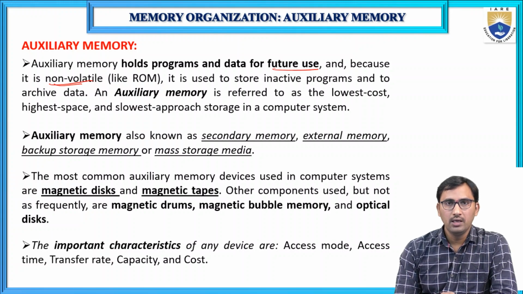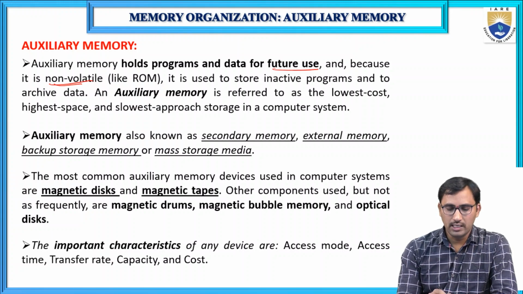Non-volatile means even if the power fails, the data stored in the auxiliary or secondary memory will be present without being lost. That is the main advantage of auxiliary memories. It is used to store inactive programs and archive data.